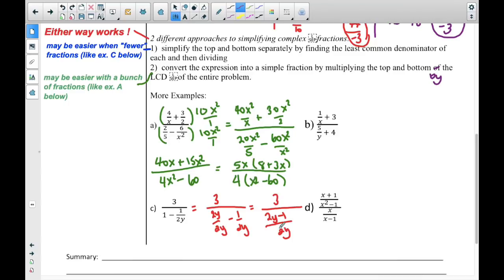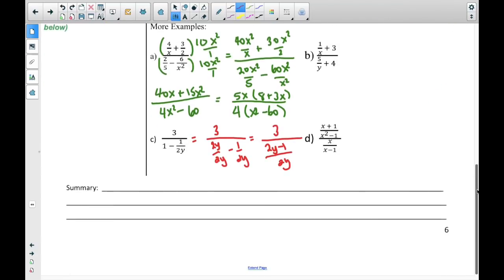I cannot simplify those 2y's. There's not a factor. You can't factor them out. But what I do need to do is flip it and multiply it by the top one. So I need to multiply this by 2y over 2y minus 1. And so my final answer is going to be 6y over 2y minus 1.